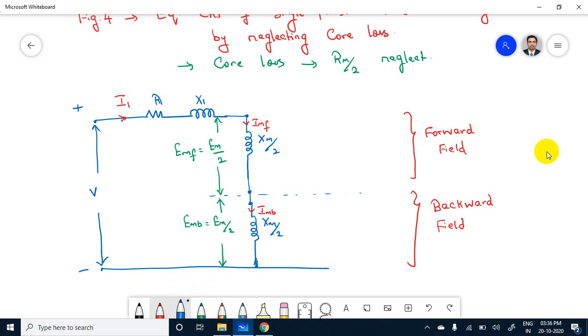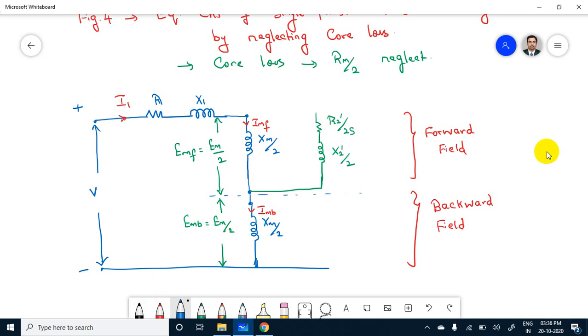Now we have to draw the load. Okay, load, that is nothing but resistance and reactance. This is nothing but R2 dash divided by 2 into S. This one is X2 dash divided by 2.